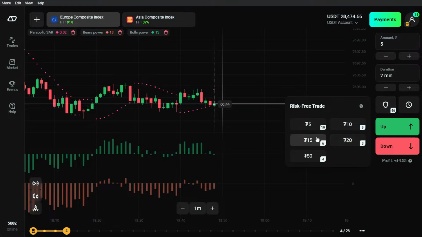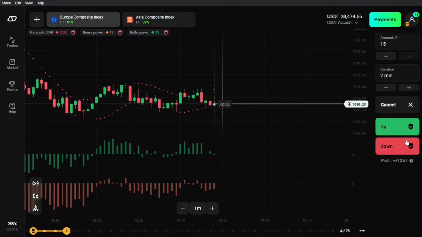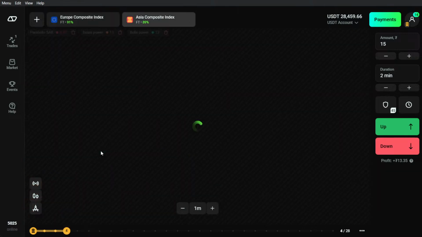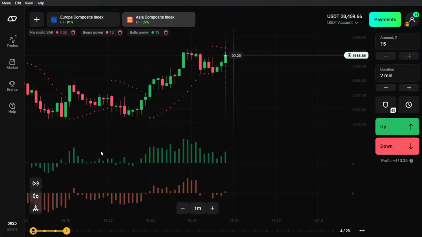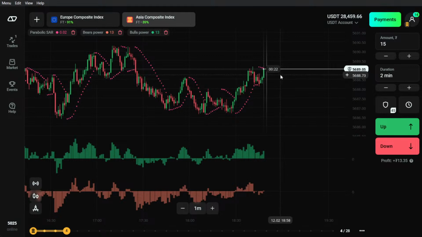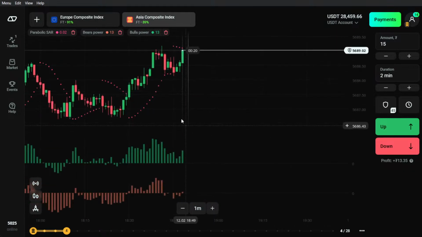Many things need to line up, only then will we make a trade. Okay, let's see how this one goes. I have made a trade here in the down direction. Again here we might get a signal after this candle. Maybe the parabolic shifts and you can make a trade over here.